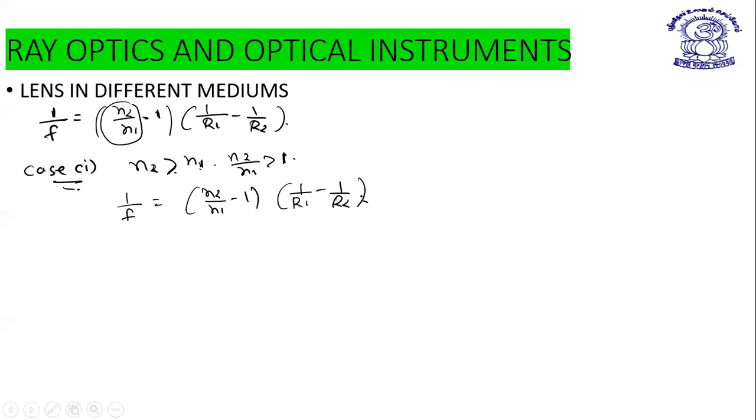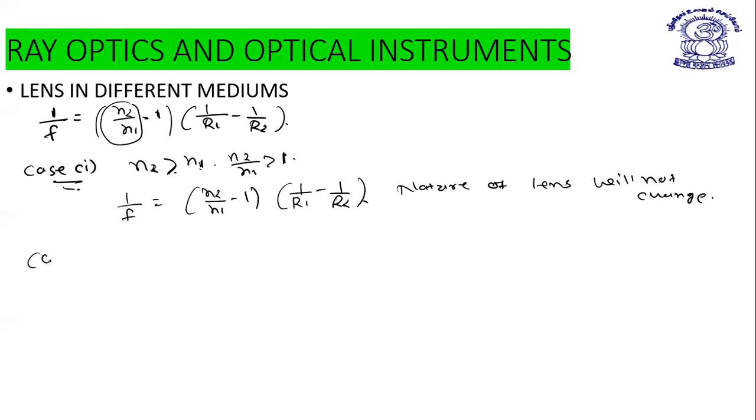So the nature of the lens will not change. The meaning of this is that if it is behaving like diverging lens in air, it will also behave like diverging lens in given medium.